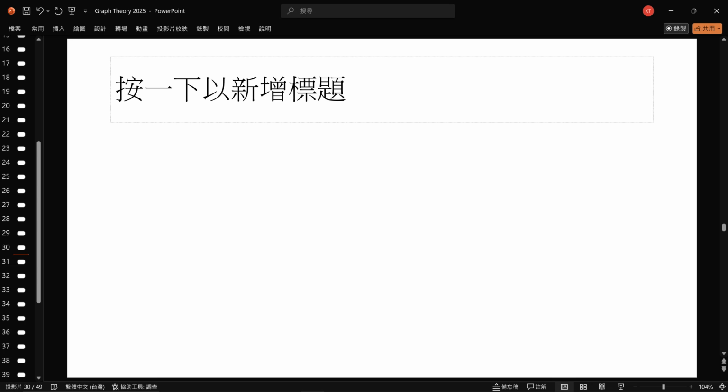For Y, the degree is not changed because, again, we removed one and added one. And for U, we remove one and add one, so not changed.